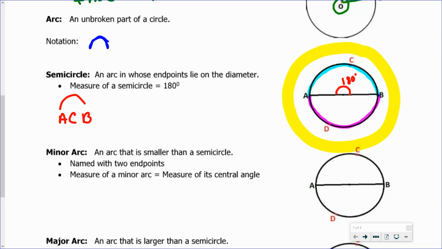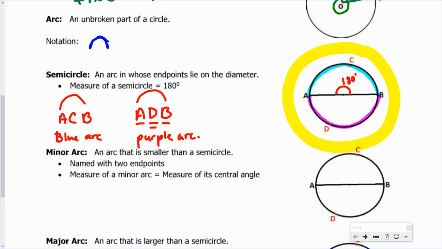You could also call that BCA. That would be appropriate as well. And this would be the blue arc. And then the purple arc, that would be ADB. And again, you've got the 2 endpoints, and then the point that the arc passes through. This would be the purple arc.